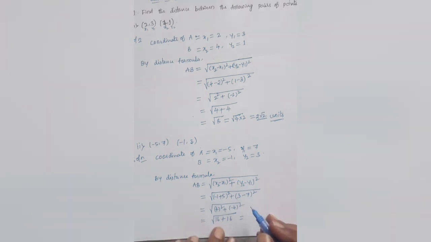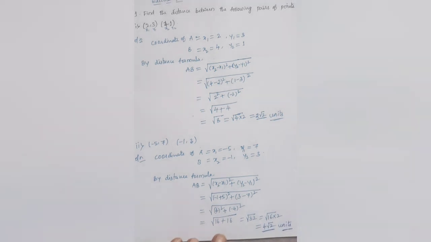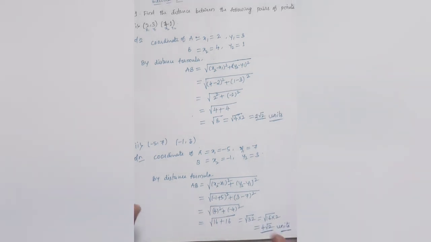Now 16 plus 16 is root 32. Root 32 can be written as root 16 into 2, that gives us 4 root 2 units. Therefore, the distance between the two points is 4 root 2 units.